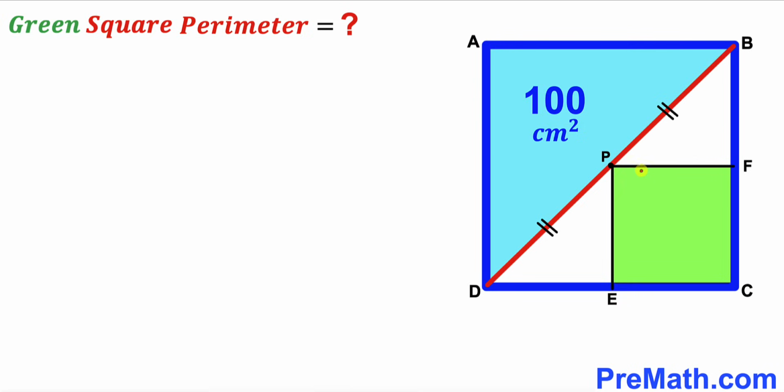And moreover, this green shaded square is fully confined inside this blue square. And furthermore, the area of this blue shaded right triangle has been given to us as 100 centimeter square. And now our task is to calculate the perimeter of this green shaded square.